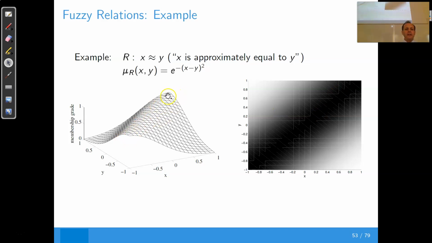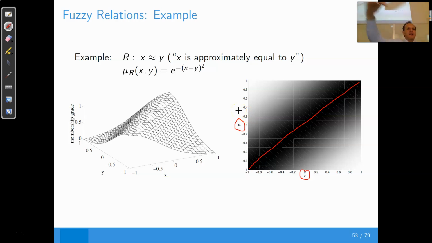So it's clear that when x is approximately equal to y, you have the maximum along this line, because of course x is equal to y.